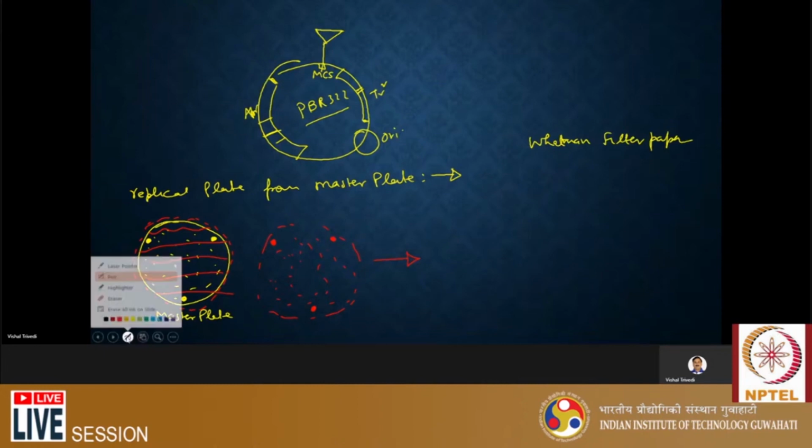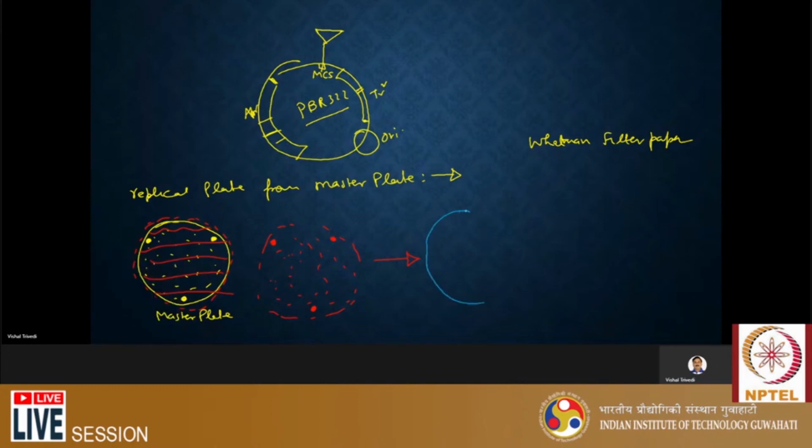So let me just draw this with another color, right? For example, you take your replica plate, and on this replica plate you take this filter paper and put it, so again it is going to match with the screws, with the points. When you put it like this, the bacterial colonies that were present on the original plate will come onto this plate.